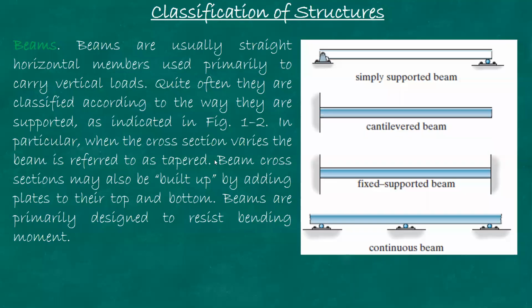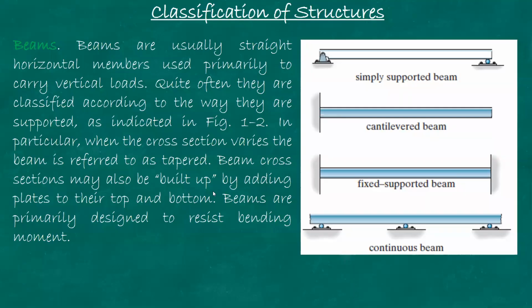In particular, when the cross-section varies, the beam is referred to as tapered. Usually tapered beams are cantilevers, with a larger cross-section at the support and smaller at the free end, since movement is zero at the support and greatest at the free end.